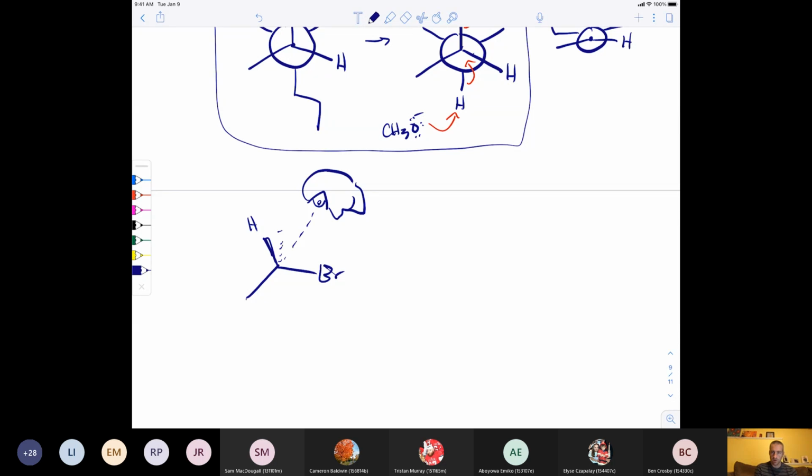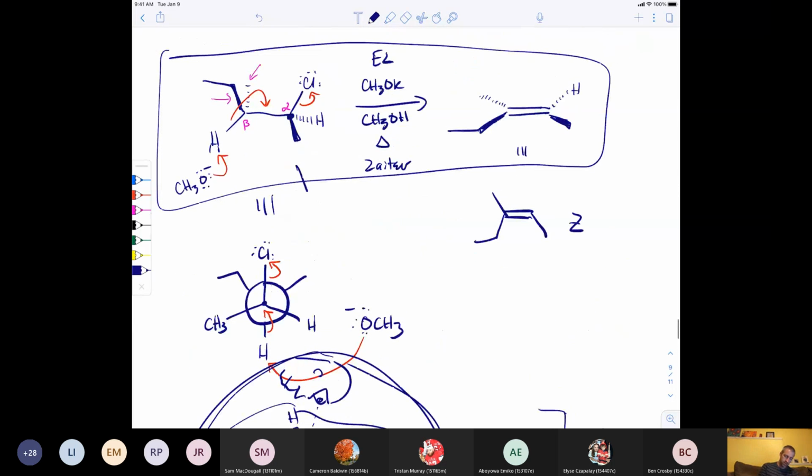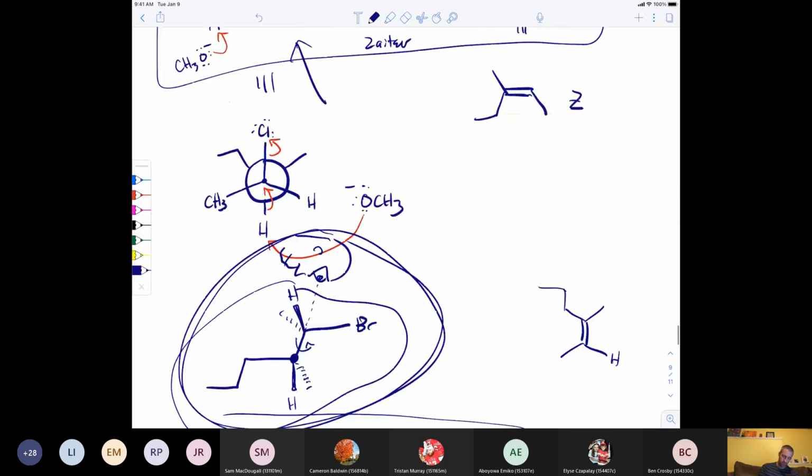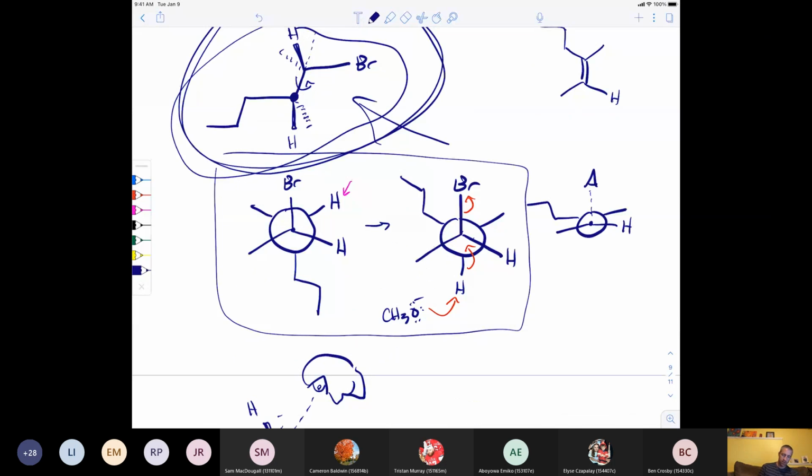So Sydney says, can you draw the rotated version before you move any bonds? So you mean this question here? No, this one here, do it without Newman projections? Is that what you're asking? Yes, I guess I was just confused on how to look at it.